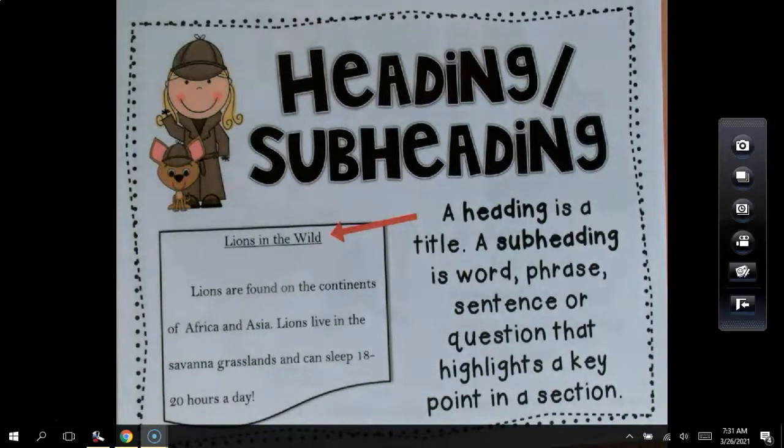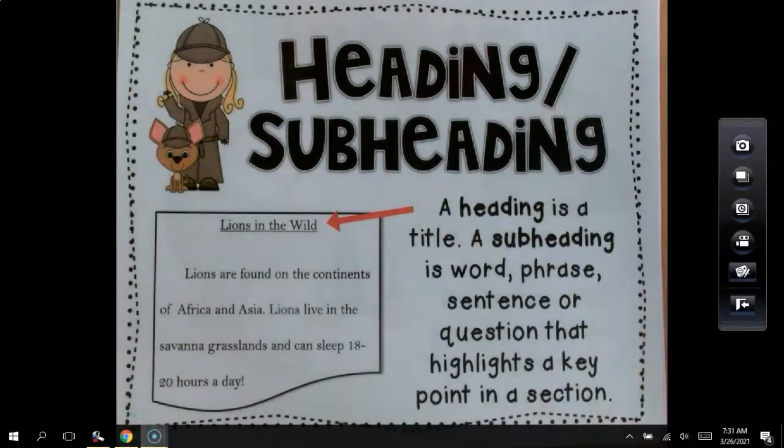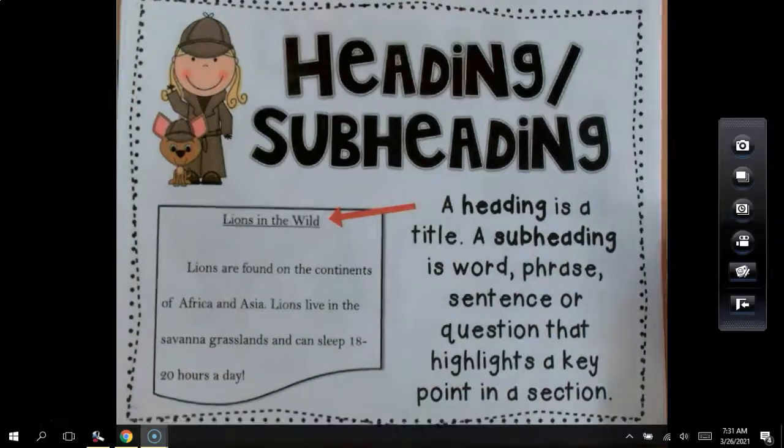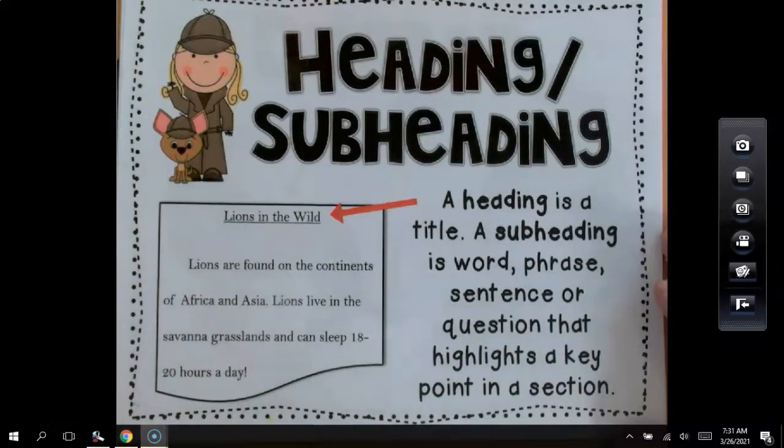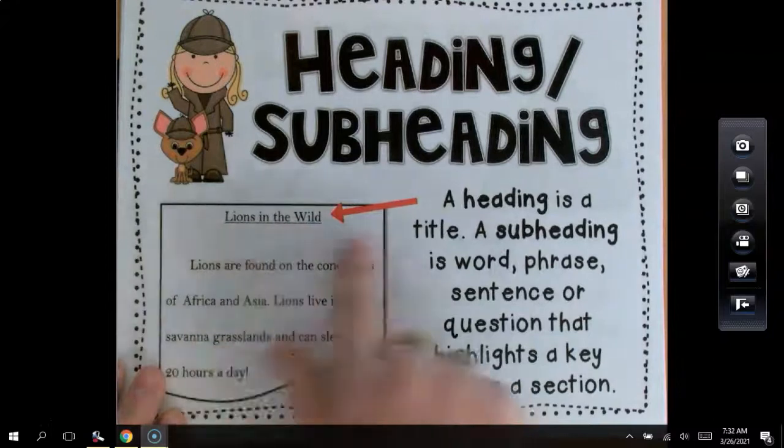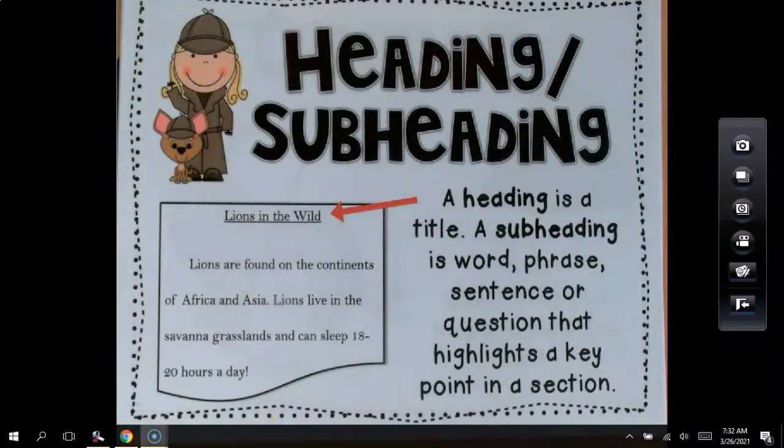The next one, boys and girls, is called a heading or a subheading. So a heading is a title, and a subheading is a word or phrase, sentence, or question that highlights a key point in a section. Okay, so lions in the wild would be like a heading.